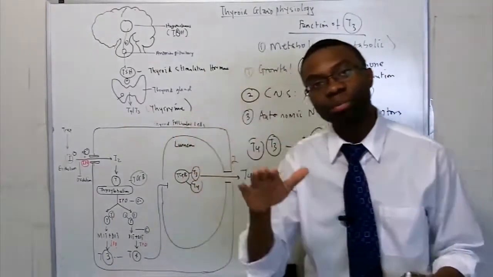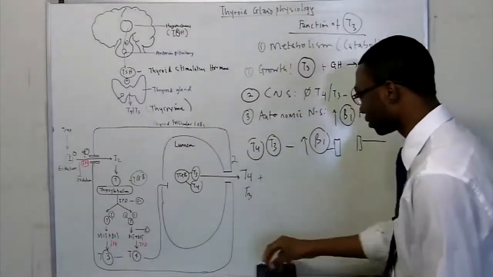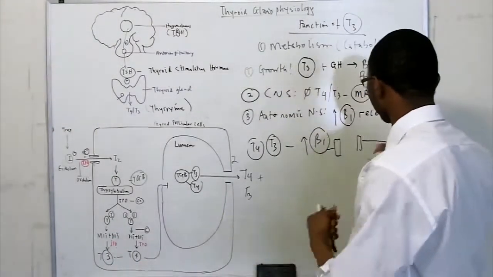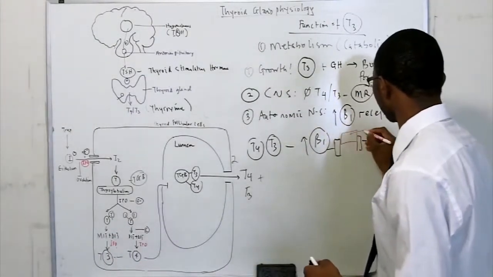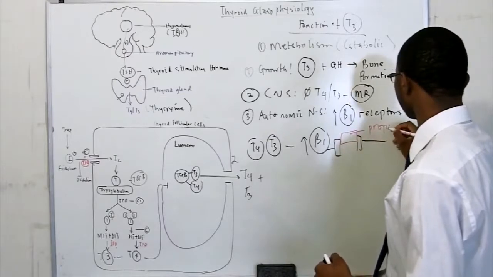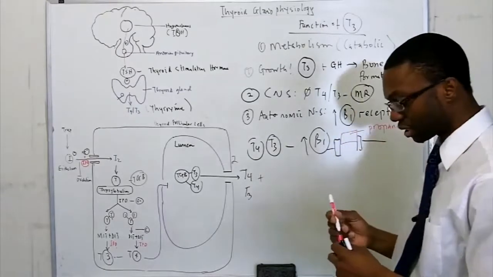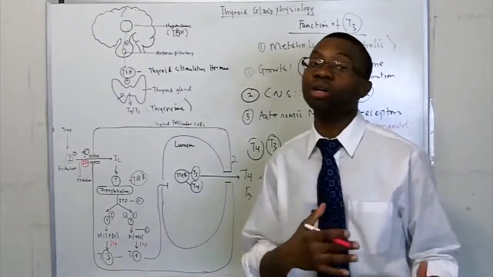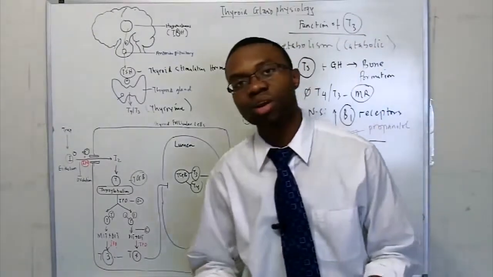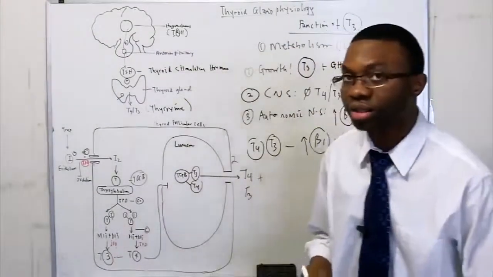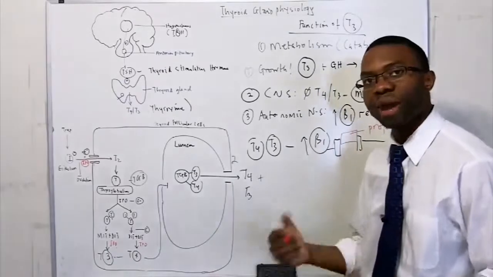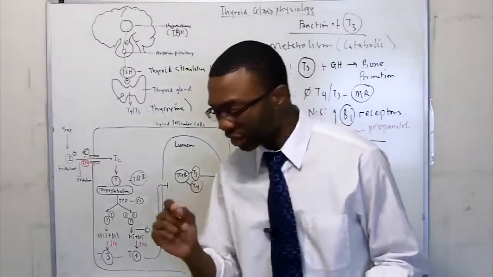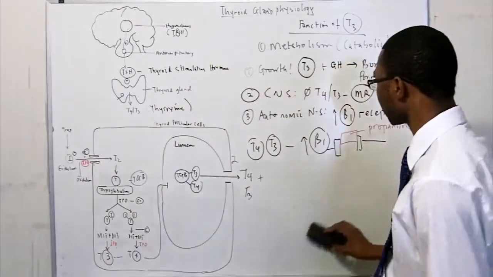So if we give you beta blockers, we can block these receptors with propranolol, which is a beta blocker, so that your heart rate doesn't go up, your blood pressure doesn't go up, and all those other symptoms of hyperthyroidism. That is a very good clinical pearl.